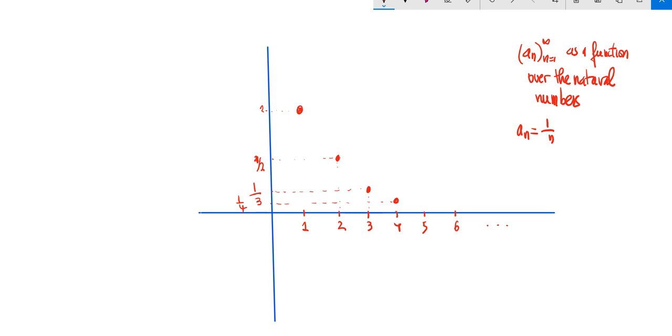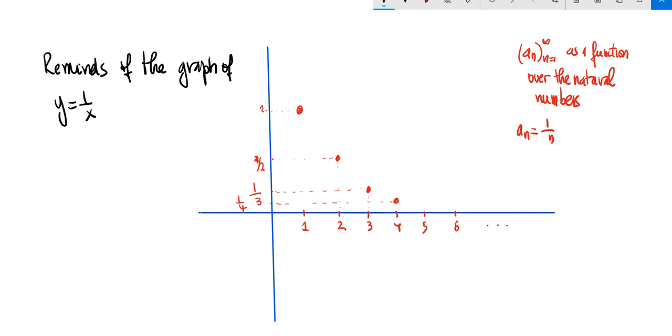So you can see again, you can visualize here our sequence as a sort of discrete graph, and this graph probably reminds you of the graph of y is equal to 1 over x in the first quadrant. So you can regard this as a discrete version of the graph of y is equal to 1 over x.